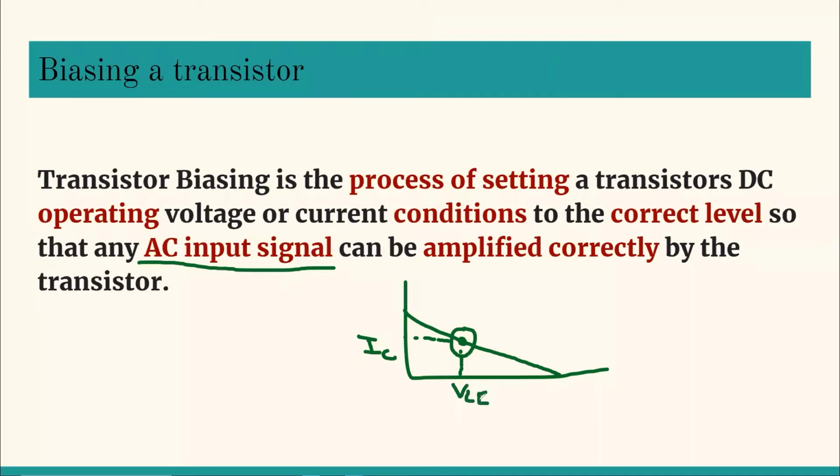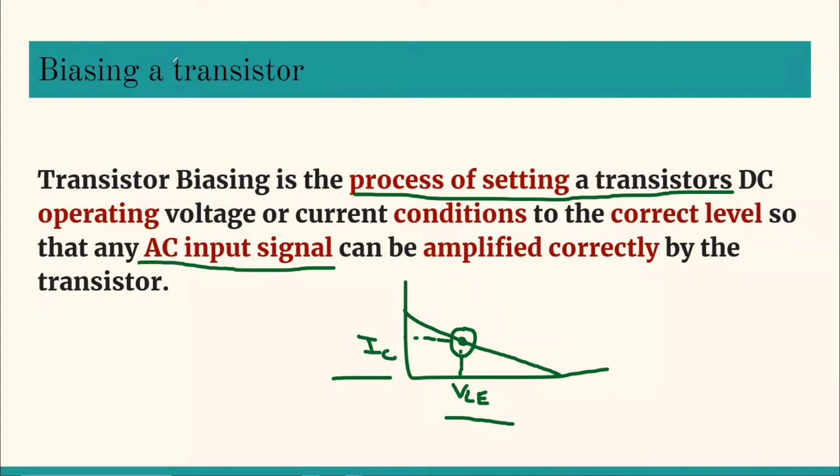So whatever this point is, the X and Y coordinates, those coordinates should be aligned in such a position that you get this value of VCE and this value of IC. Okay, so that's the Q point, and that Q point is known as the operating point of a transistor. That is why, to get that value, you have to set the transistor accordingly. You have to give the external DC battery voltage accordingly.